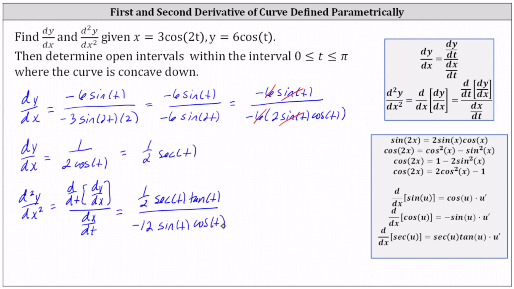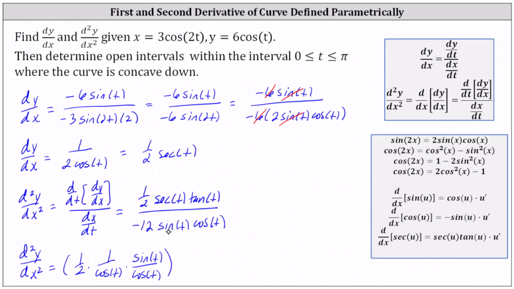And now let's simplify this quotient by multiplying the numerator by the reciprocal of the denominator and also converting to sines and cosines. For the numerator, secant t equals 1 divided by cosine t, and tangent t equals sine t divided by cosine t. Let's write the numerator as 1/2 times 1 divided by cosine t times sine t divided by cosine t.